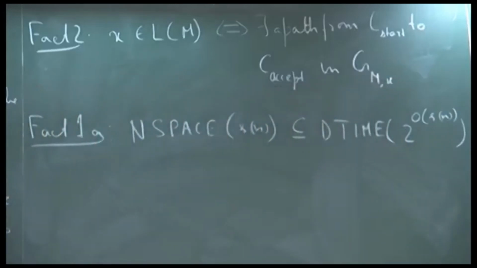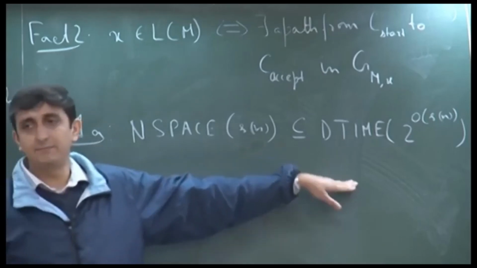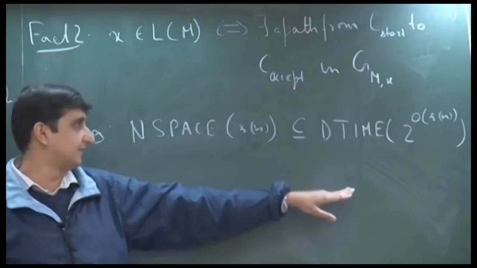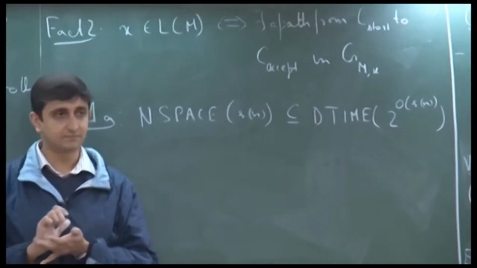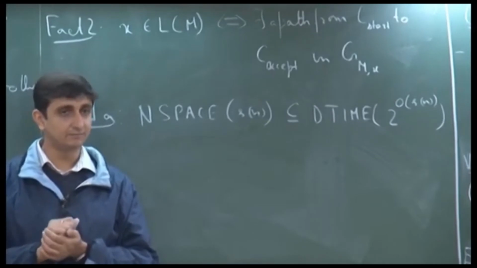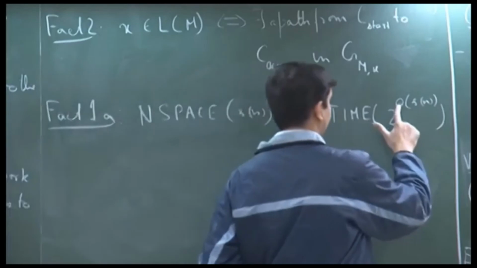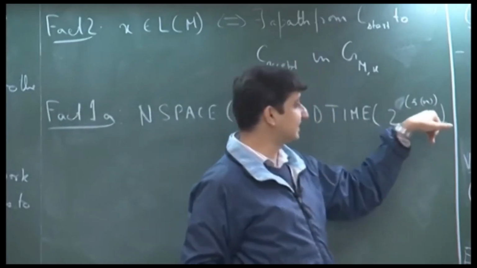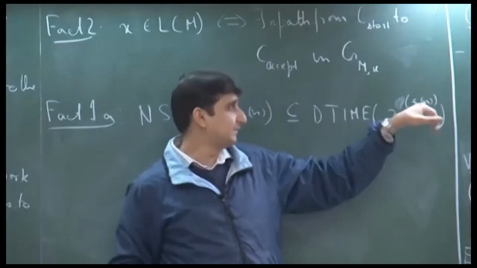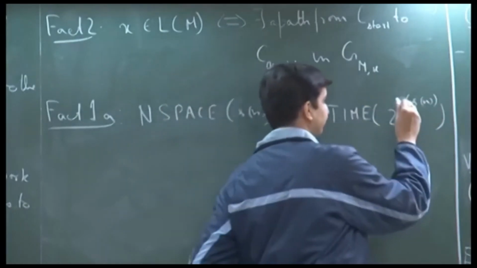So, if you have a non-deterministic machine which uses space at most s of n, you can simulate it by a deterministic Turing machine which runs for at most 2 to the power order s of n number of steps. And how can you do that? Big O, yeah, this is big O. I just cannot write it as 2 to the power s of n, because there can be some constants associated over here. So, that is why.